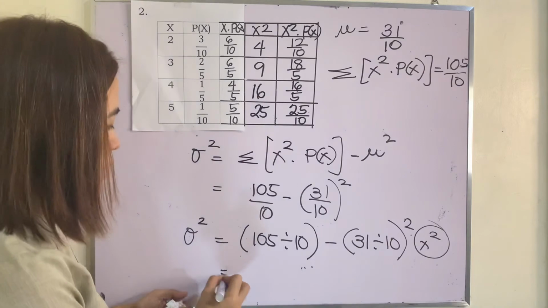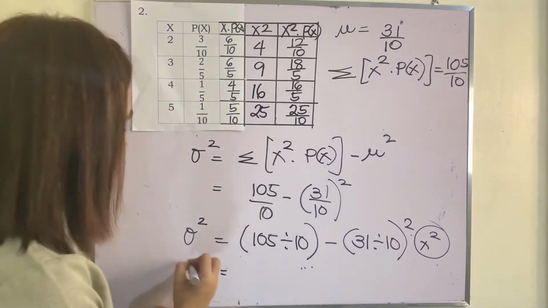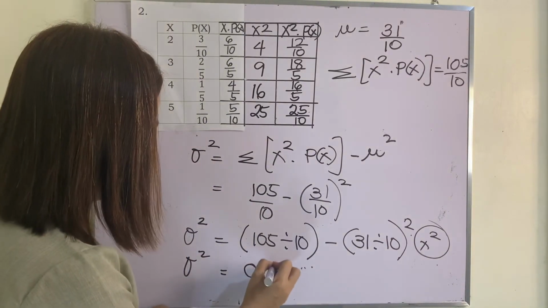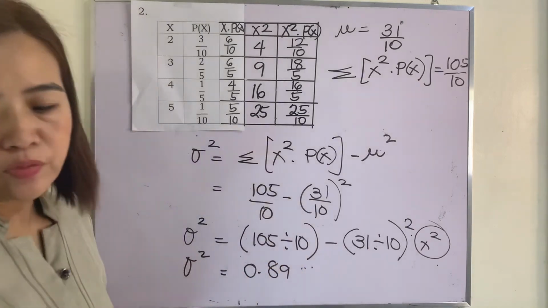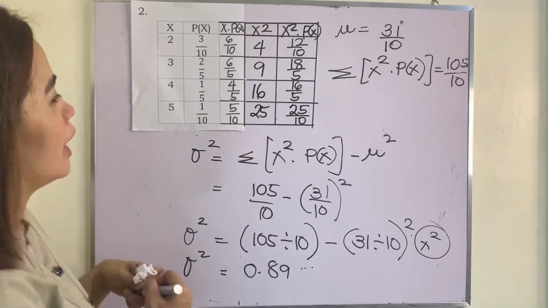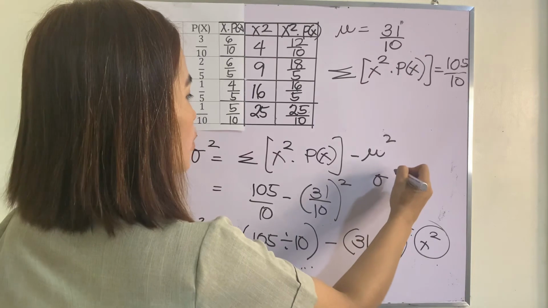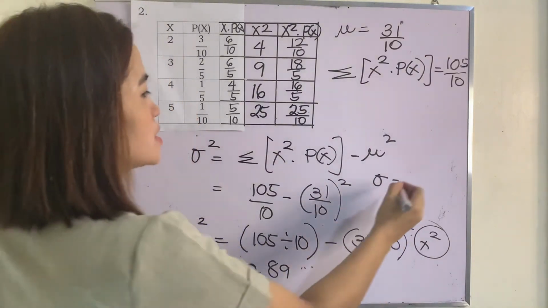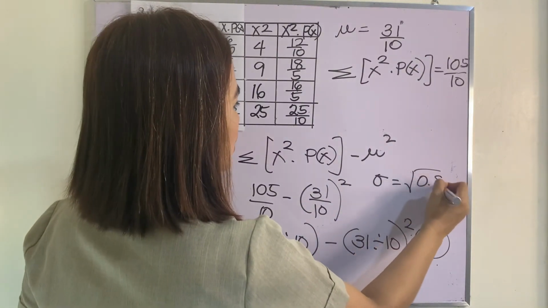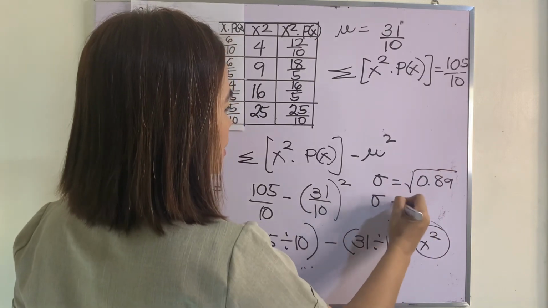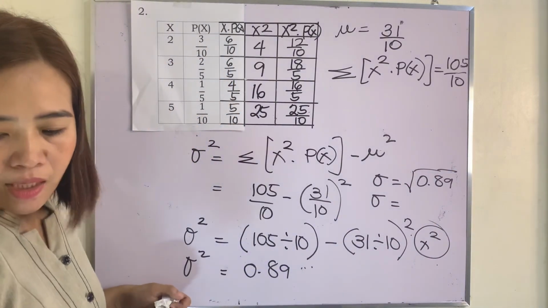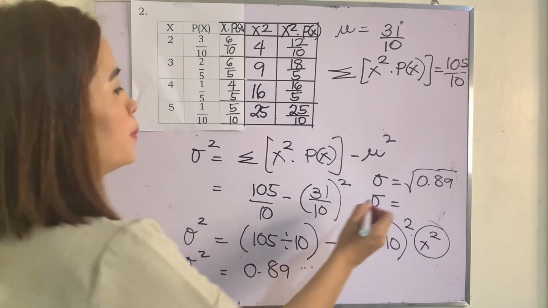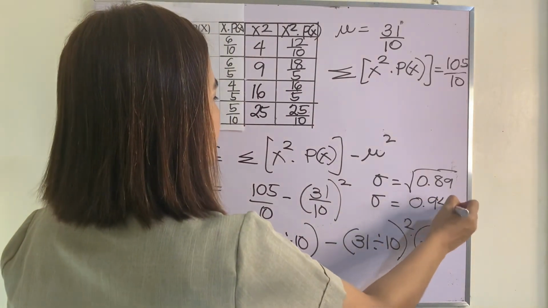So you will be getting 0.89. And of course, once you get the square root of that, that is your standard deviation. So the square root of 0.89, the standard deviation is equal to 0.94. That's it.